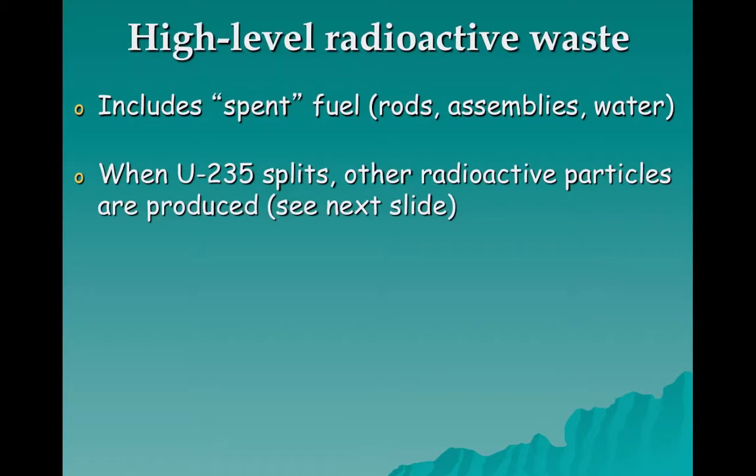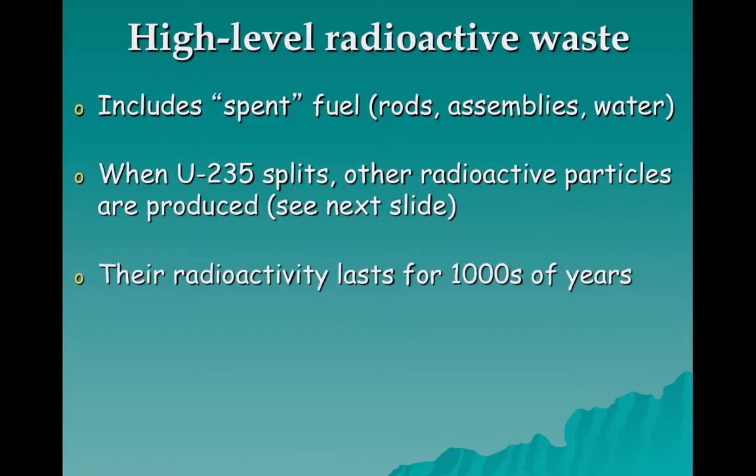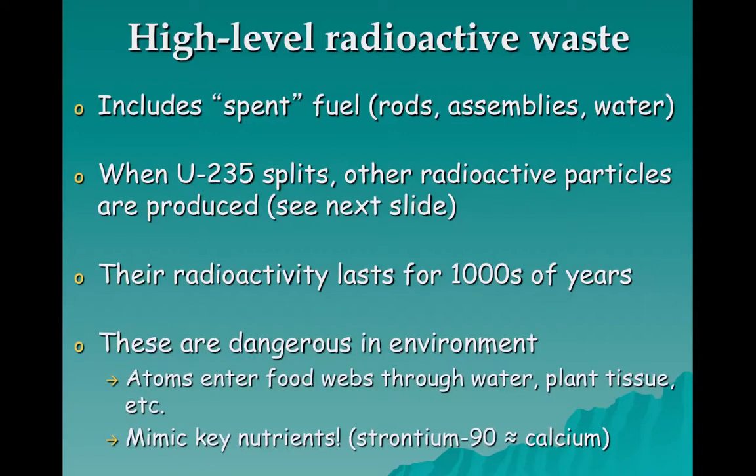Okay, as we talked about with half-lives, once that uranium is used, it's still going to be radioactive for thousands of years because it has such a long half-life. So this is really dangerous for the environment and for human health, because these atoms are emitting radioactive waves, and that can damage our DNA.